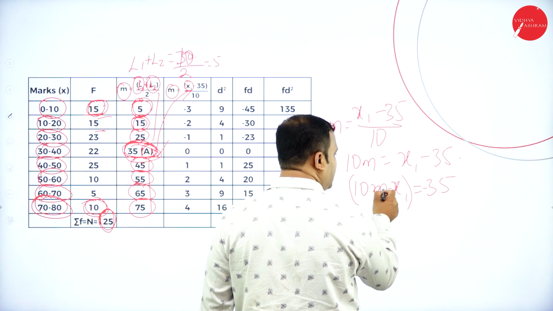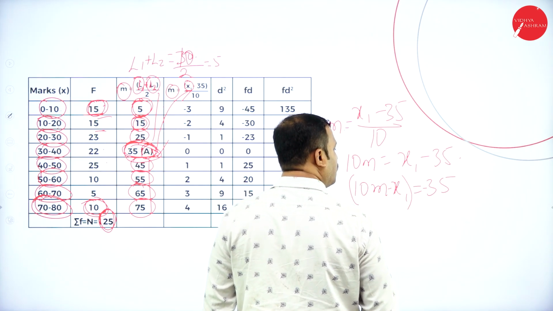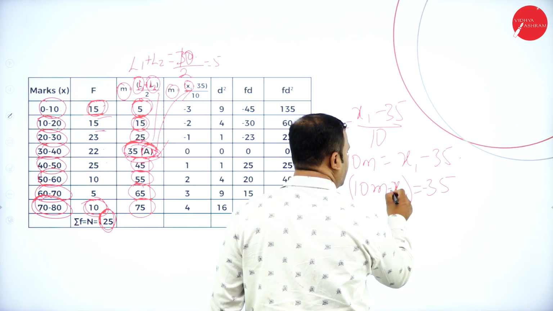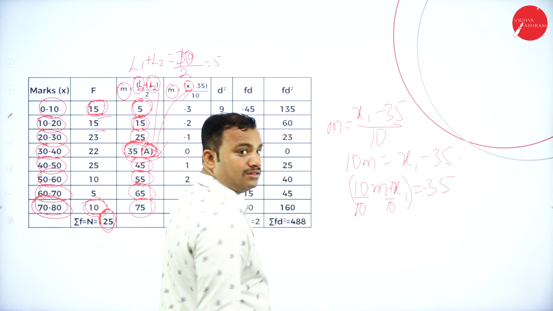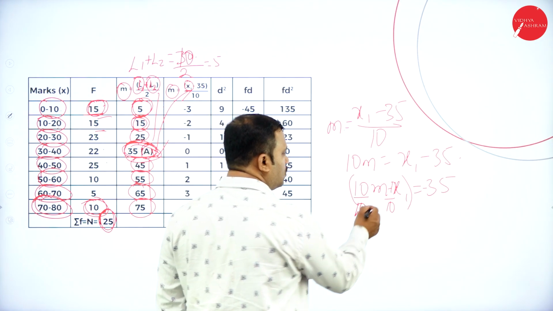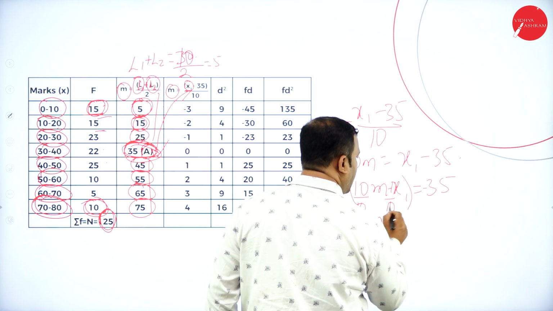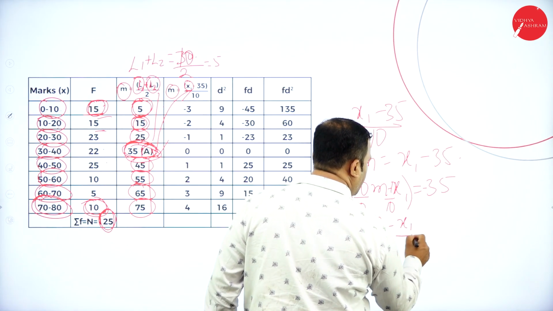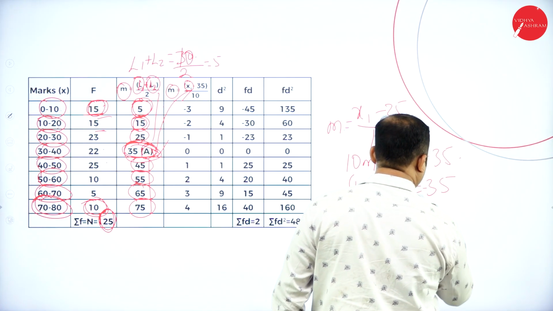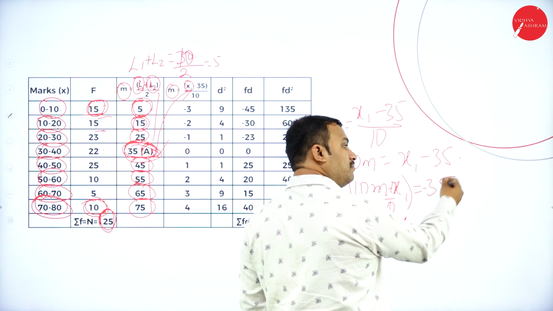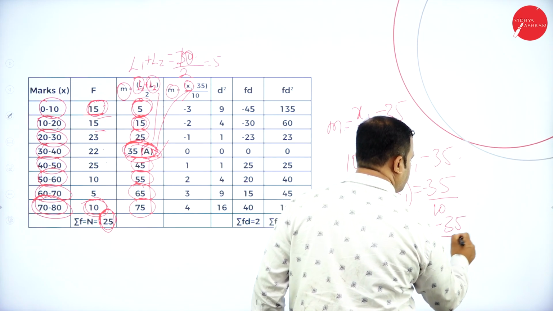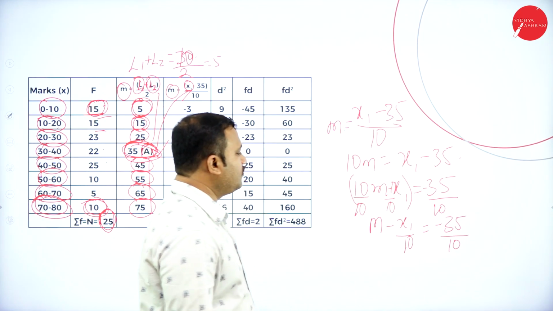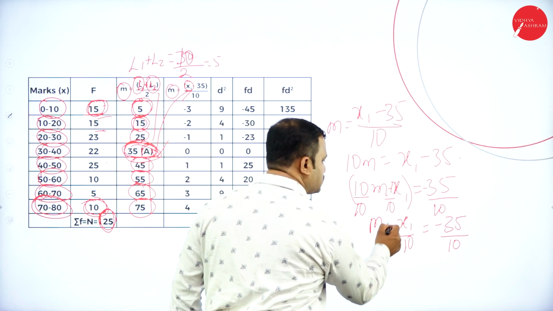If I divide by 10, then it becomes m minus x1 by 10 is equal to, dividing both sides by 10, minus 35 by 10. So what is the value of x1 in this case?